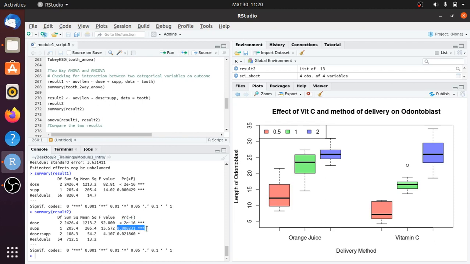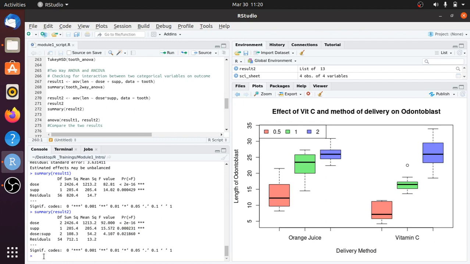Now look at the interaction between them. Yes, there's interaction between them. The interaction is significant at 0.02. You can see it there. It is less than 0.05, and that is how we check.